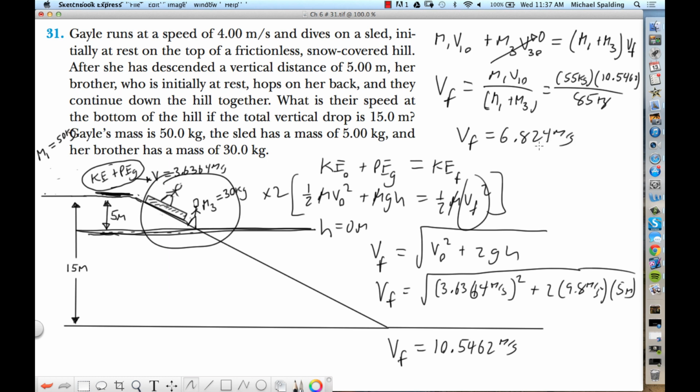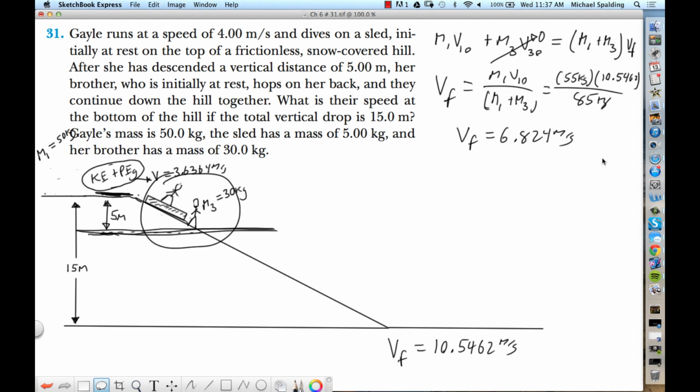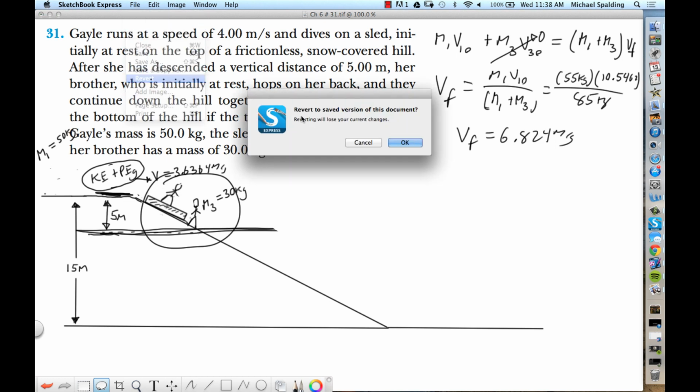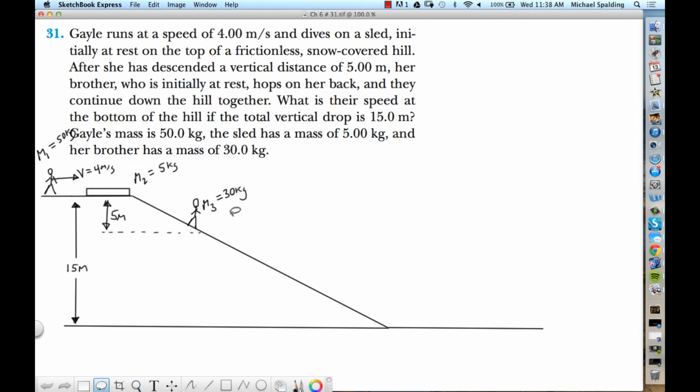Okay, and then now we can finish the problem. The question we're trying to figure out is how fast is the sled moving at the bottom of the hill? So now let me revert this and clean this up. Now she's picked up the brother.